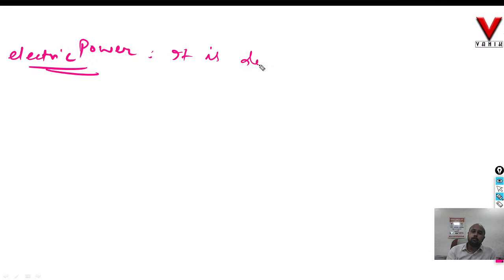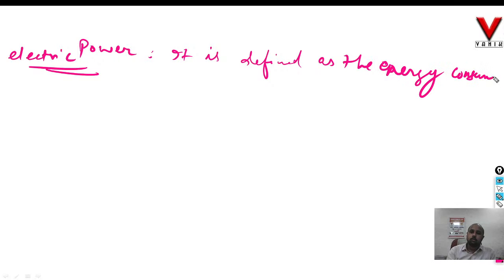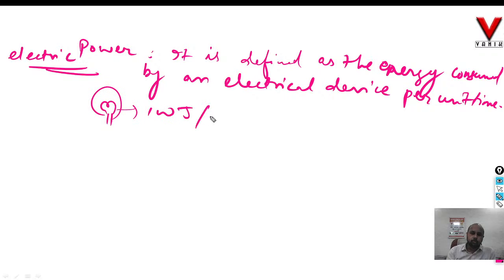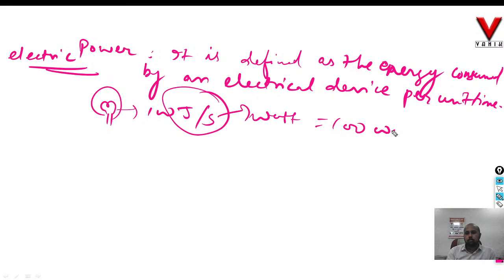It is defined as the energy consumed by an electrical device per unit time. So if an electric device consumes 100 joules per second, that is known as watt. This is equal to 100 watt.